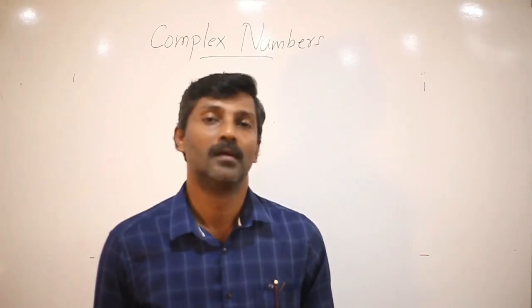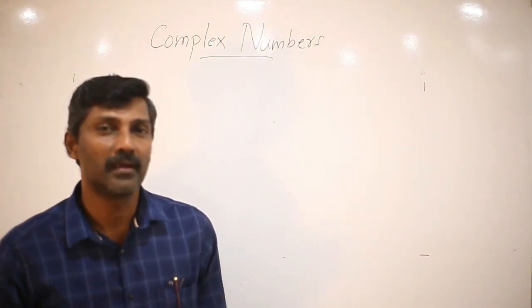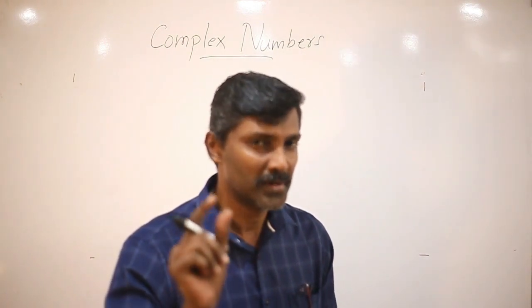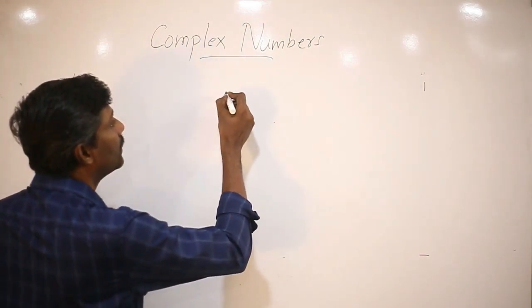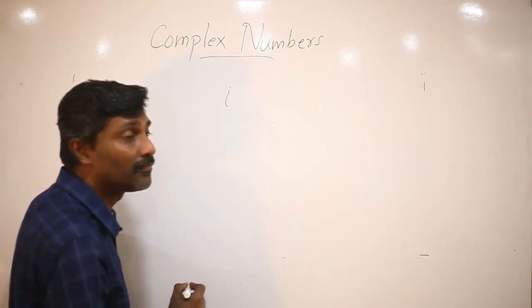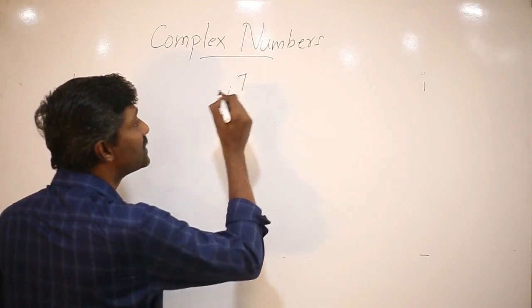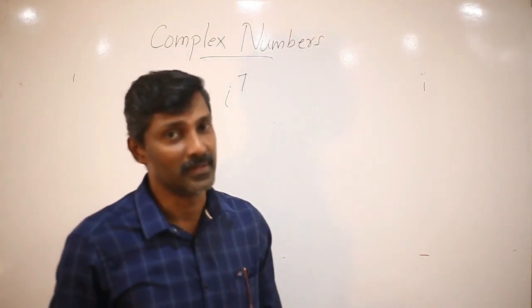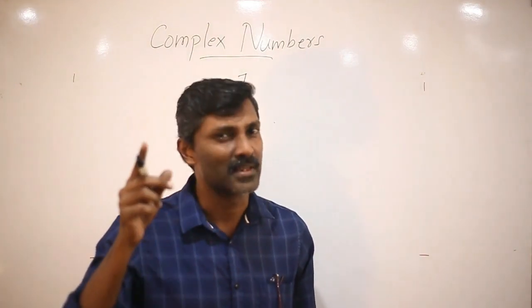Very important. Now what if I ask you to find the higher powers of i? For example, if I ask you to find the value of i raised to 7, how will you find it out? Just think.